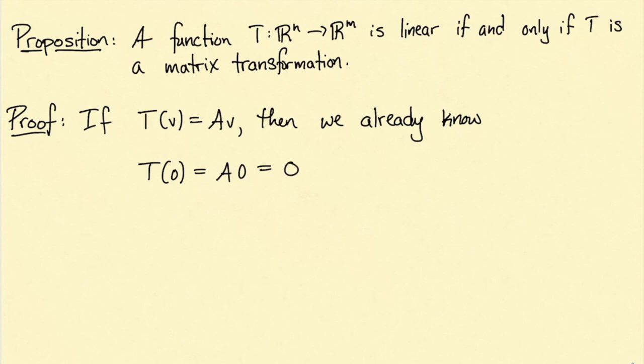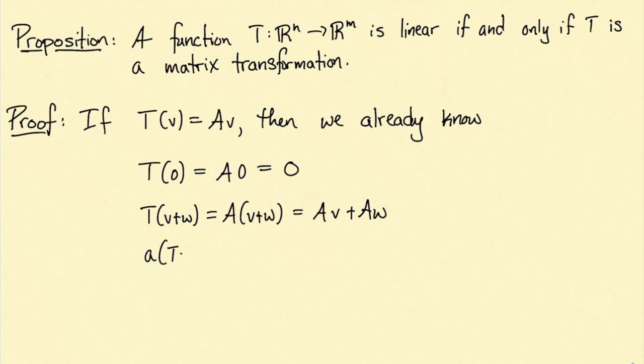We also know from our work on distributivity that when you take T and apply it to the vector sum v plus w, that's the same thing as A times v plus w, which is equal to Av plus Aw, because matrix multiplication distributes across vector addition.